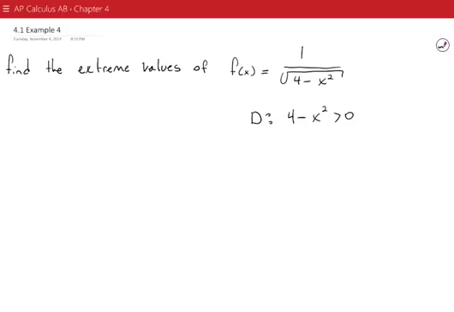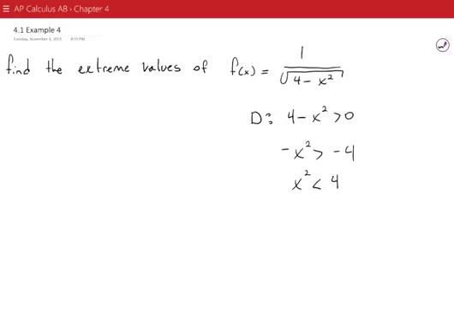And if we solve for x, we're going to get that 4 minus x squared has to be greater than 0.